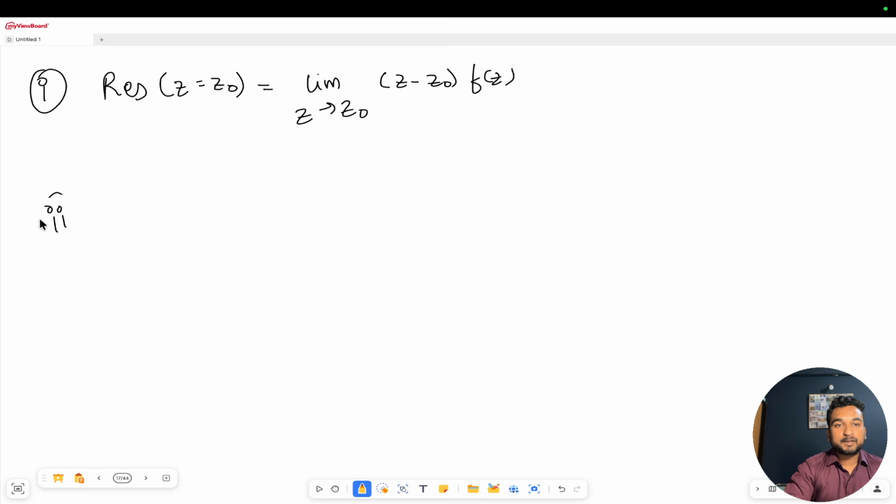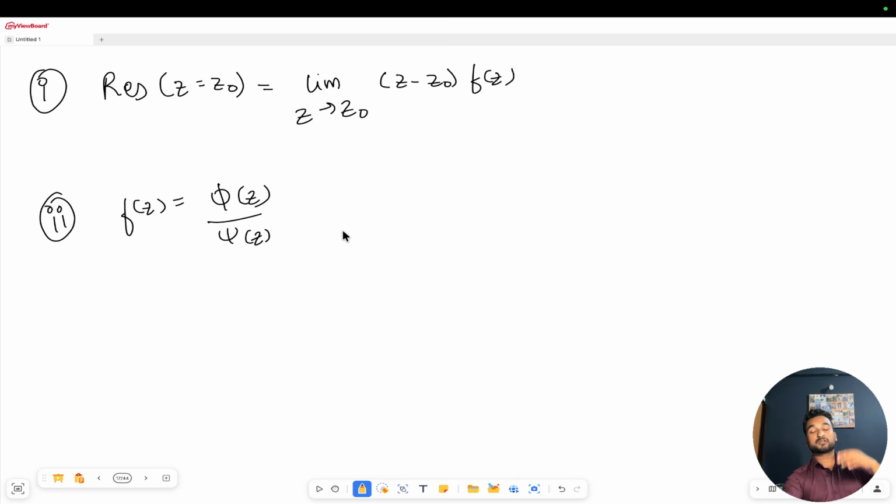Second, if your f of z is like phi of z upon psi of z, that means in numerator and denominator you have algebraic functions of a complex number, then you calculate the residue at z equals z naught as for a pole of order 1, simple pole.